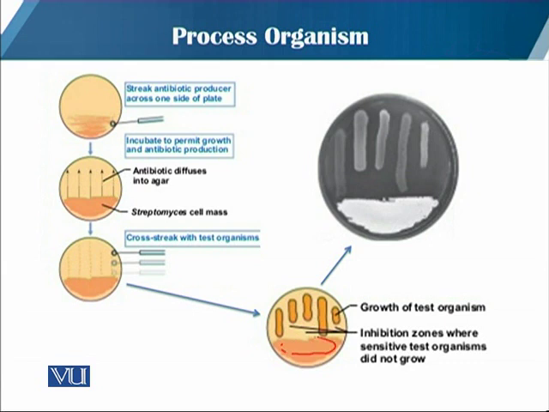This is the antibiotic zone that diffuses, and these are the different test organisms and their sensitivity to that antibiotic. If an organism is resistant to that antibiotic, it grows into that zone. If it is very sensitive, then you can see that the growth will be restricted.